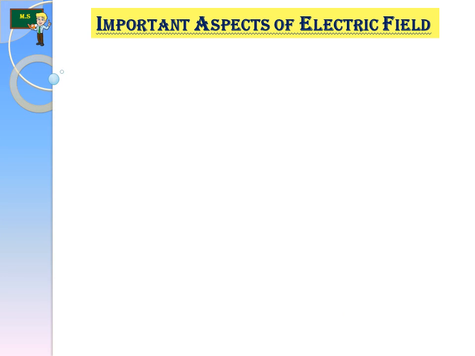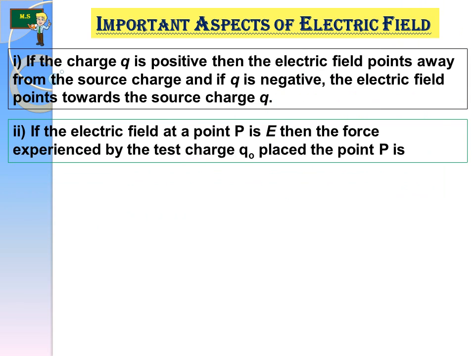Now let's move to the important aspects of this electric field. First one, if the charge Q is positive, then the electric field points away from the source, and if the charge Q is negative, it points inward to the source.